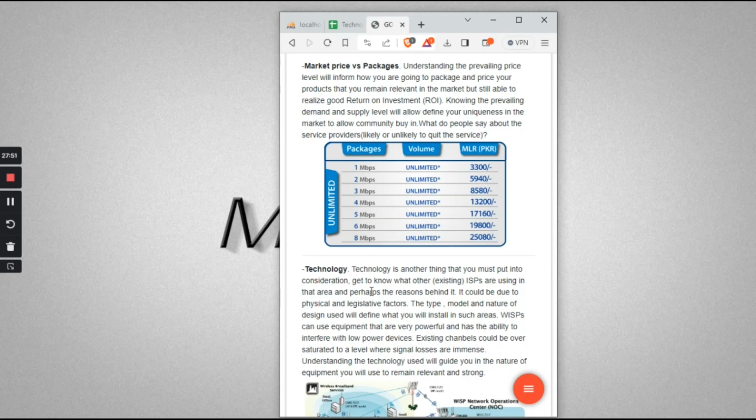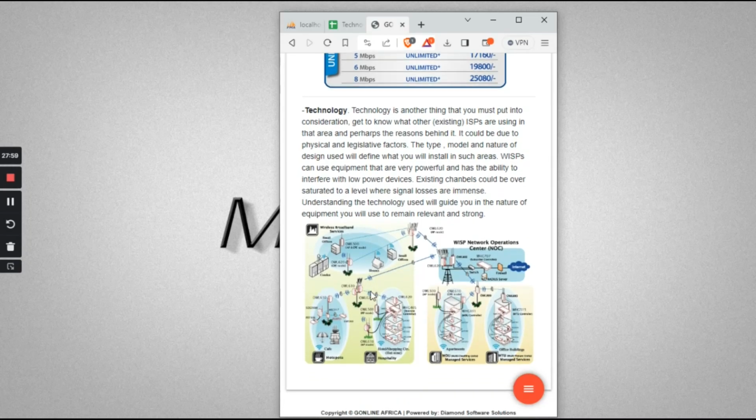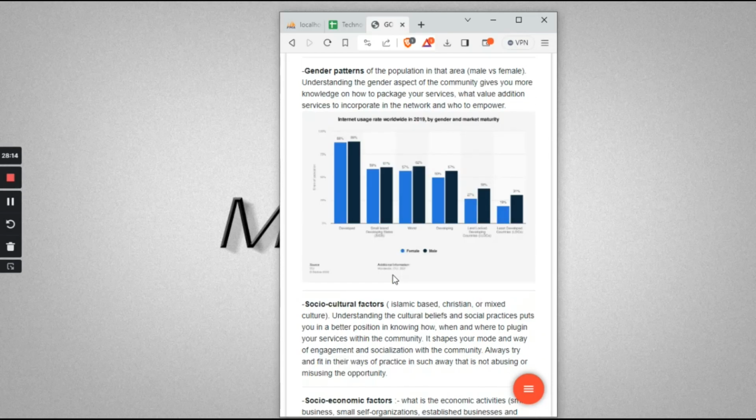If everyone is doing $15, then you should be able to know why. What technology is it, hybrid? Is it point to point? Is it point to multi-point? Is it fiber only? So it is very important for you to understand all that in detail, and then you can go on.